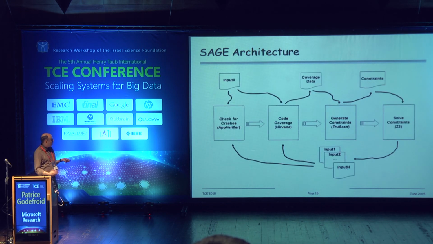So looking under the hood, this is how Sage works, roughly speaking. Let's say we have an application like PowerPoint. We start with one well-formed input. In practice, we usually use, as in fuzzing, a set of inputs.